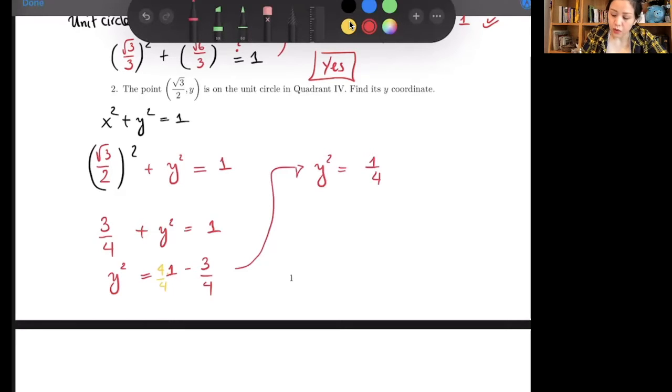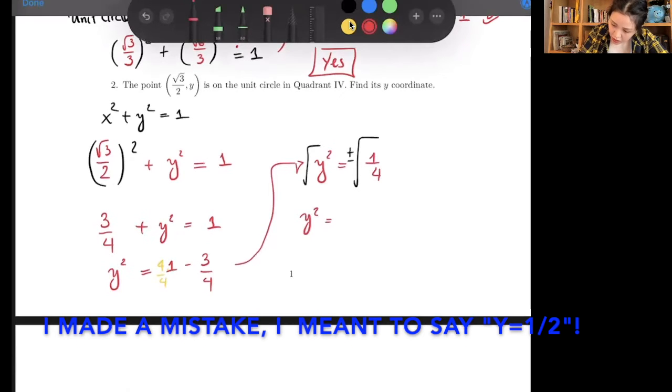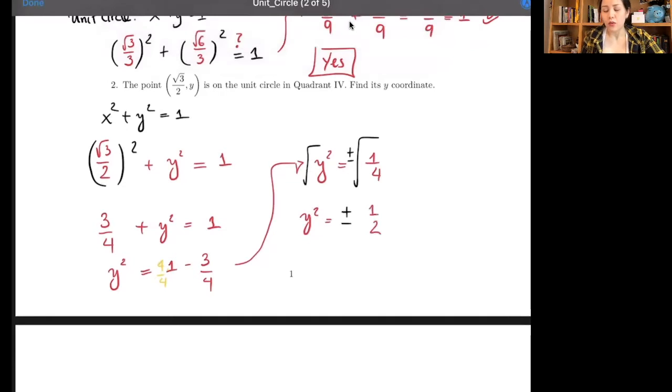Because we want y, we take the square root of both sides. When you take the square root of both sides, don't forget to add plus and minus. So y equals plus or minus 1/2. Now, which value should I choose?